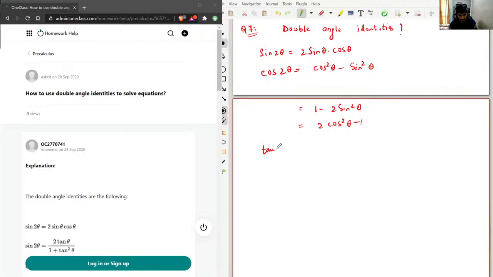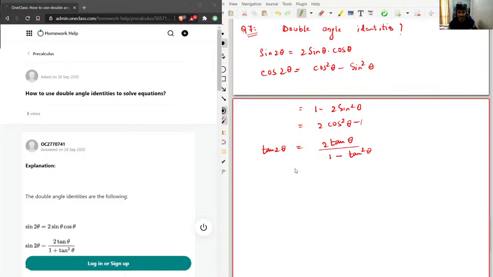And for tangent of 2 theta, we have 2 tangent of theta over 1 minus tangent square of theta.